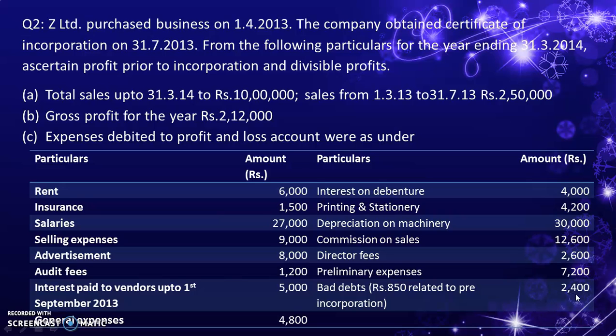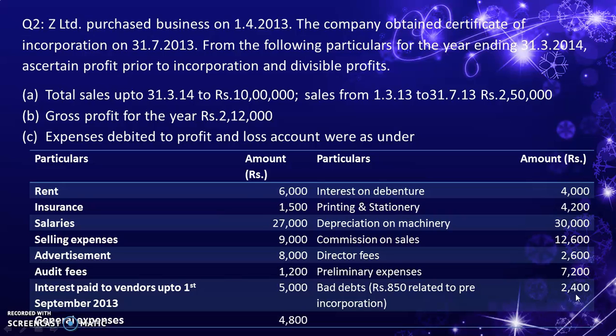That is, in July itself, the pre-incorporation period gets over. But for August and September also, the interest has been paid to vendors. So the actual interest paid during the pre-incorporation period and the post-incorporation period is to be separated, and the actual interest amount to be placed under finance cost, note number 3, for pre and post-incorporation period.